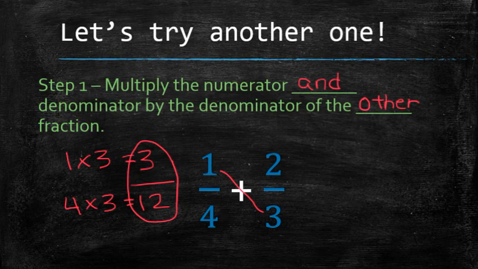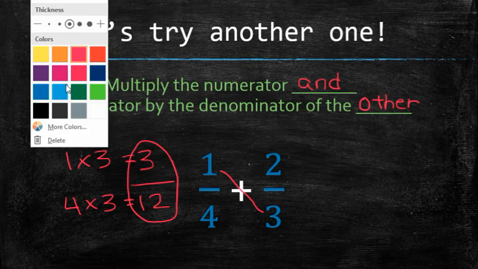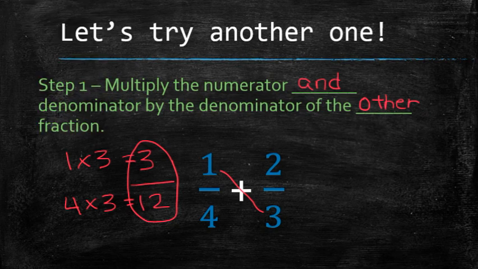I'm going to switch my pen color here so you can see the difference. Let's use green. All right. So here, oh, my pink disappeared. Okay, so now you have 4 is our denominator on the other side there. 2 times 4.